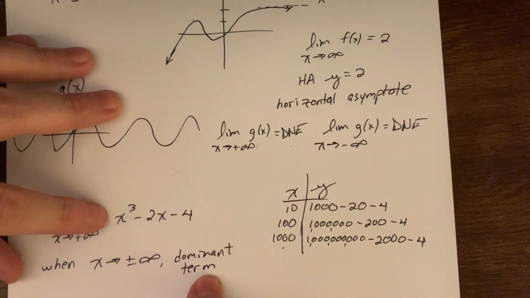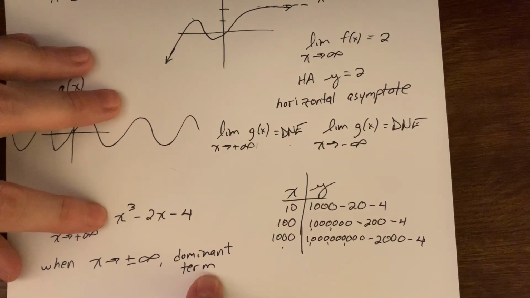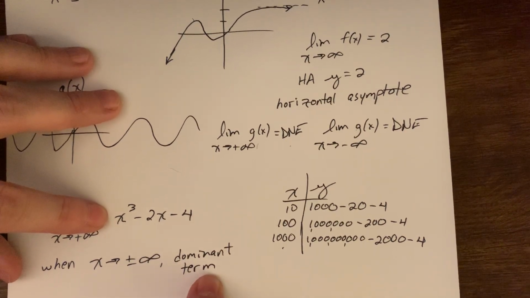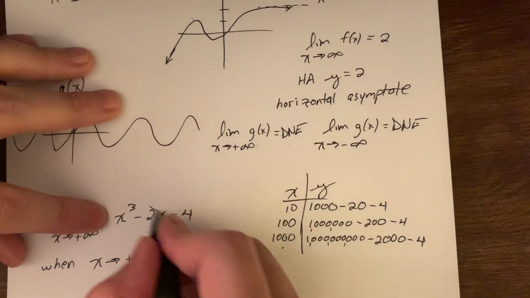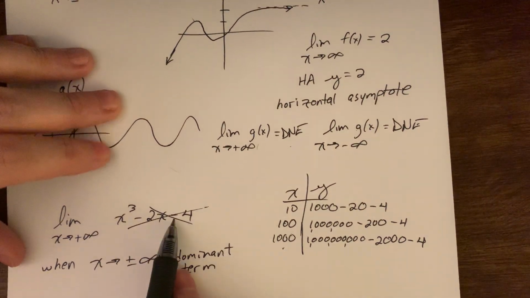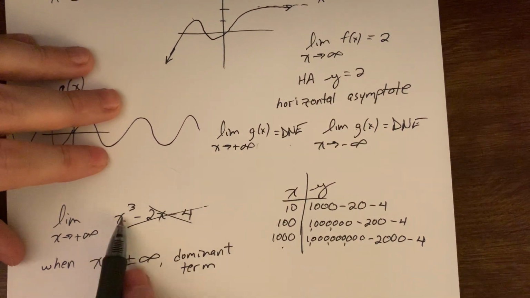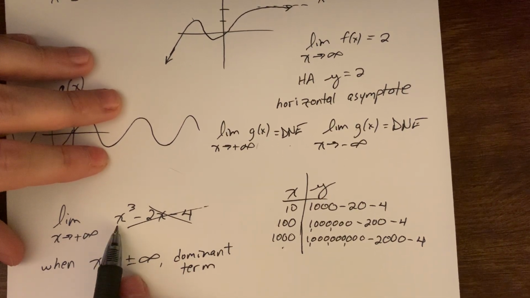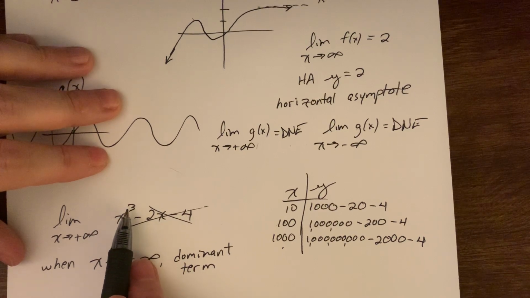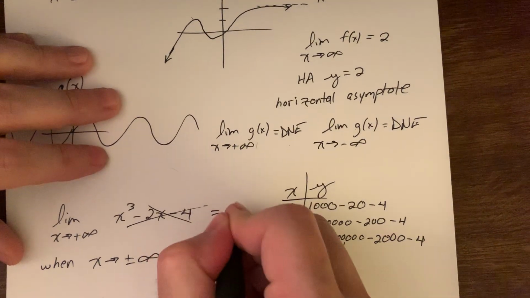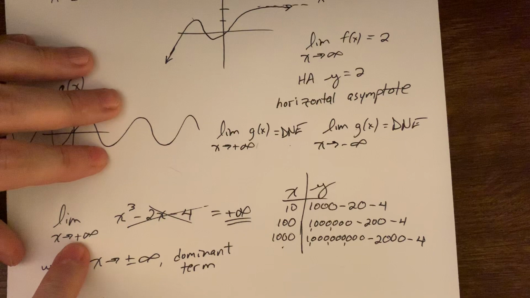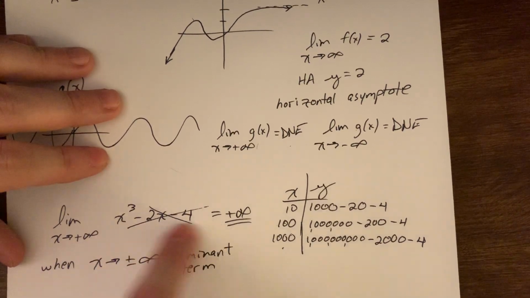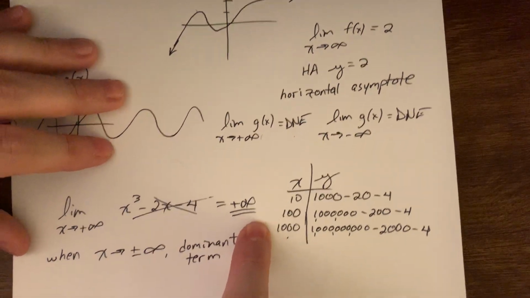I'd establish the dominant term, which is the highest power of x in the problem, and I could ignore everything else. So by ignoring anything else, now this is basically just a plug-in, but we still need the idea of infinity. Let x be a big positive number, you cube it, and your y is an even bigger positive number. So as x approaches infinity, this function approaches infinity.